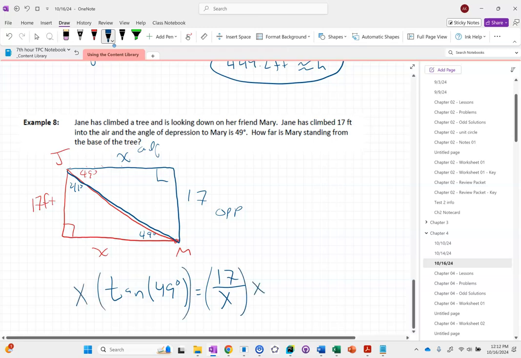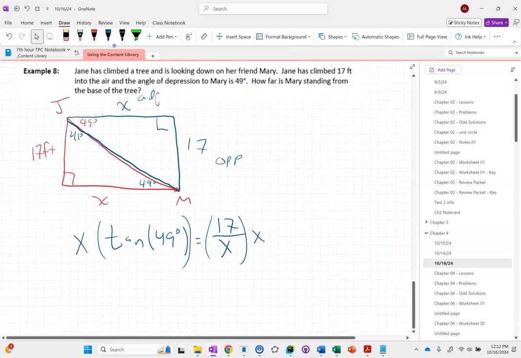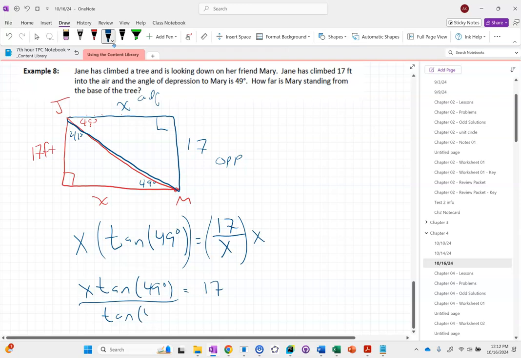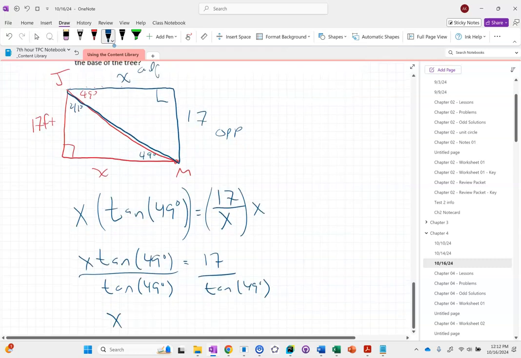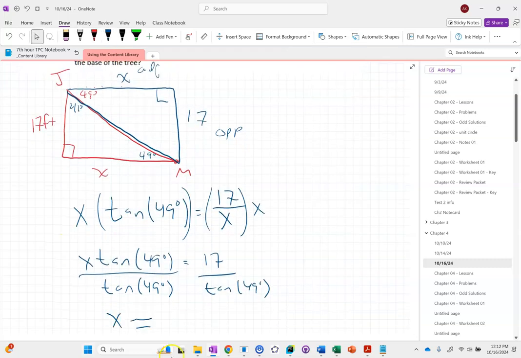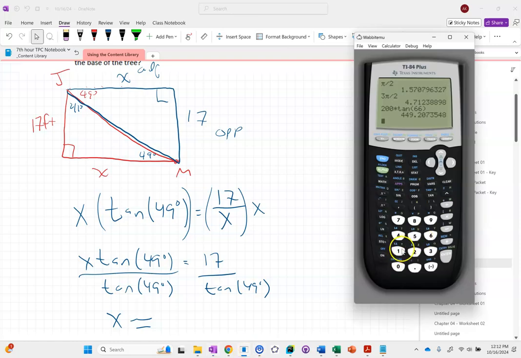Multiply both sides by x to get it out of the denominator. And then we divide both sides by tan 49 to get the x by itself. And into my calculator we go. And we get 14.8.